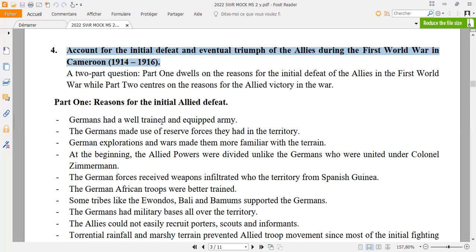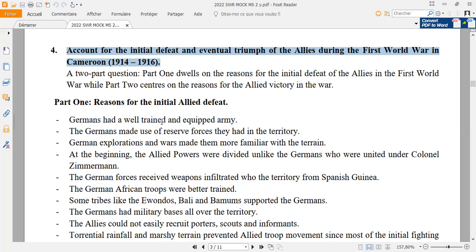Now, this question is a two-sided question. Part 1 will center on the reason for the initial defeat of the Allies in the First World War. That is, part 1 will center on the reason why the Allies never defeated the Germans easily in Cameroon, or the reason why the Germans resisted the Allies for so long.